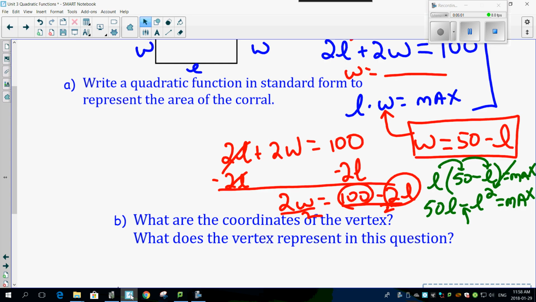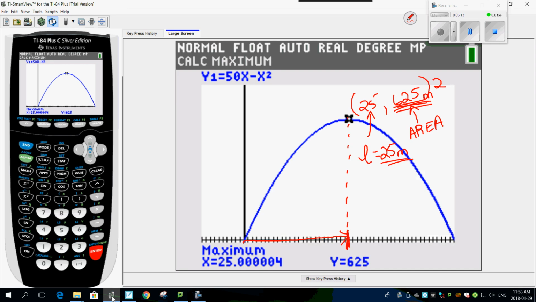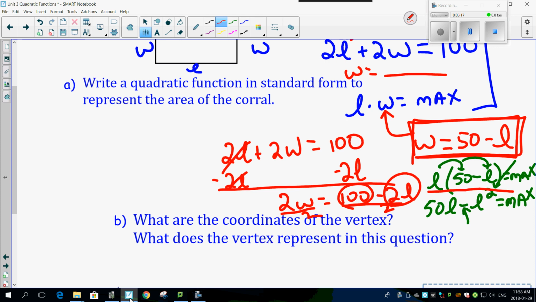So at a length of 25, there's our formula that we did, okay, at a length of 25, we're going to have an area, which we figured out to be 625. Isn't that awesome? Look at that.